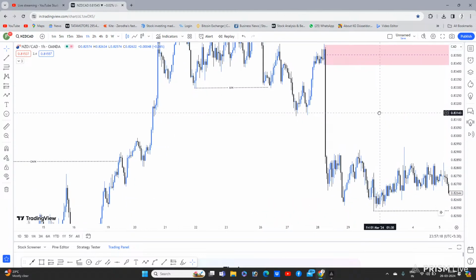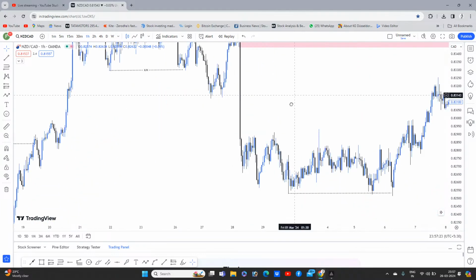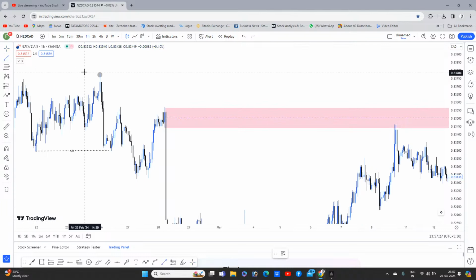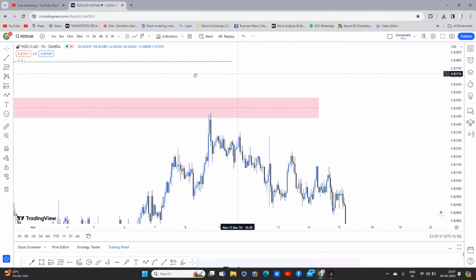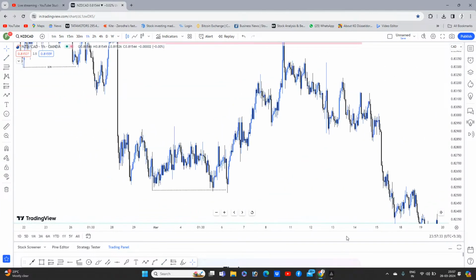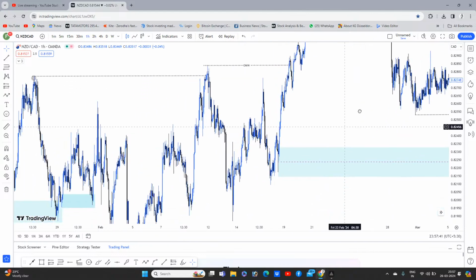Now, till when can we look for a swing low point? Till this high is protected. When the market breaks this swing high point, then only we can make a swing low point.